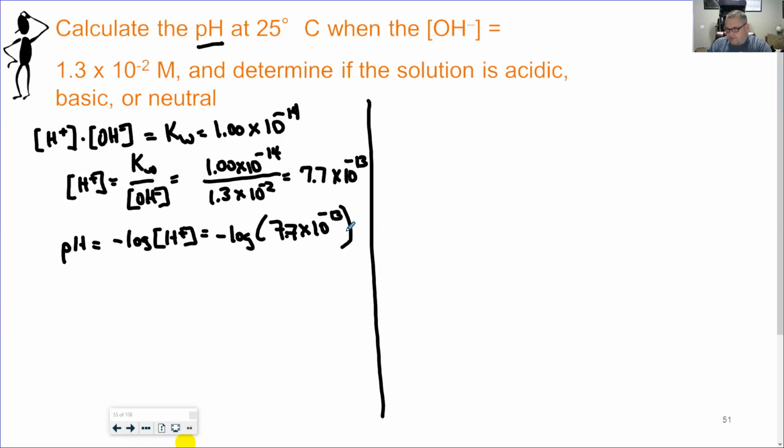And let's see if I can figure out how to do that. And I know there's a way to put answer in here for your previous answer.